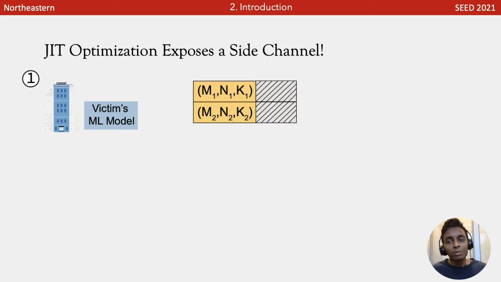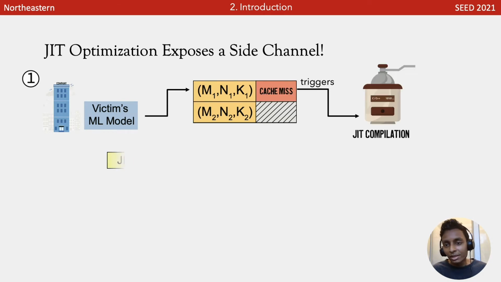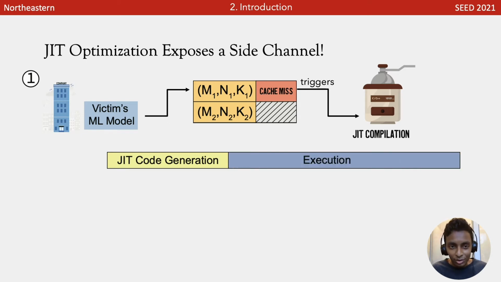In this case, M1, N1, and K1. So this is in standard GEMM notation. So since it's not available, it will be recorded as a code cache miss, and then it will trigger a just-in-time code compilation. And this would consume a certain amount of time. So this would be followed by the actual execution after the instruction generation.